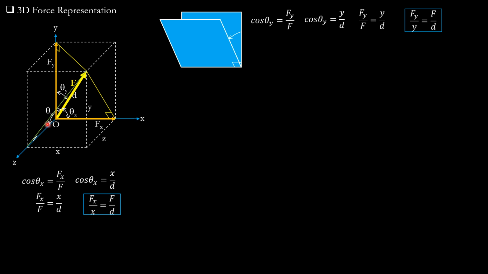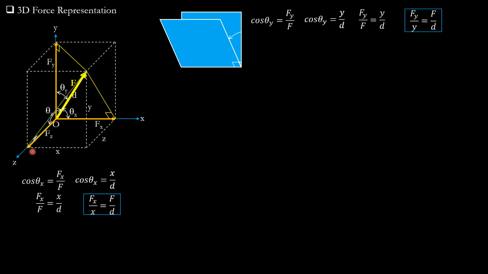Then we have here a line from this corner to the tip of the force, and based on these results, it's 90 degrees here. We imagine that this is the z-axis, and this is the line, and this is Fz. So Fz is perpendicular to that diagonal of this wall here.